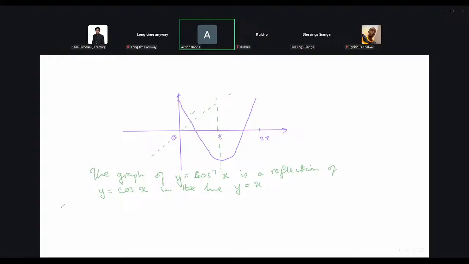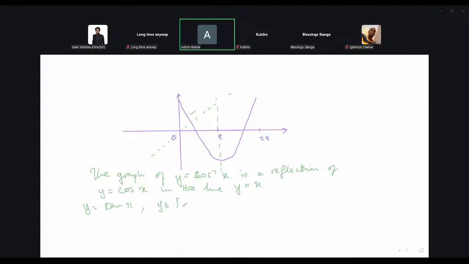So here, if y is equal to the tangent of x, we can see that the values of y move from minus infinity to infinity.